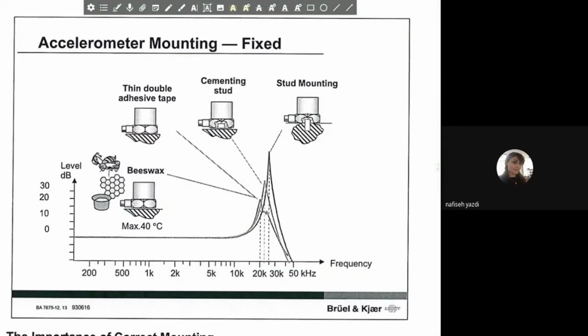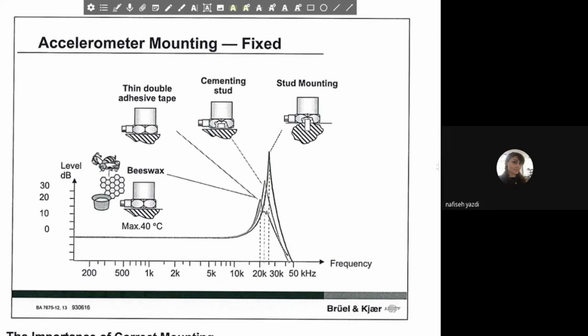The problem is that if you have some paintings, some environment protection of the outer skin of your test specimen, then the cementing could alter the physical properties of these paintings or whatever sealing materials, okay? And therefore we can't use that. So we move to thin adhesive tape or beeswax.